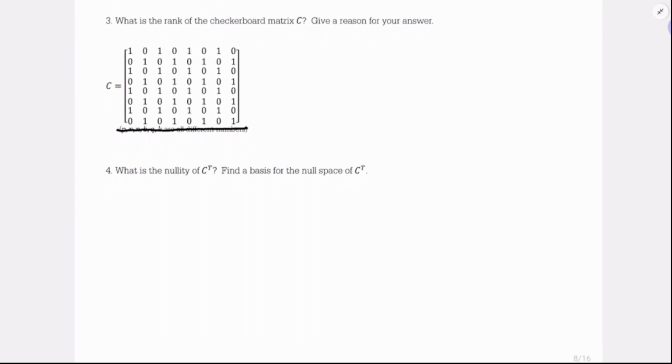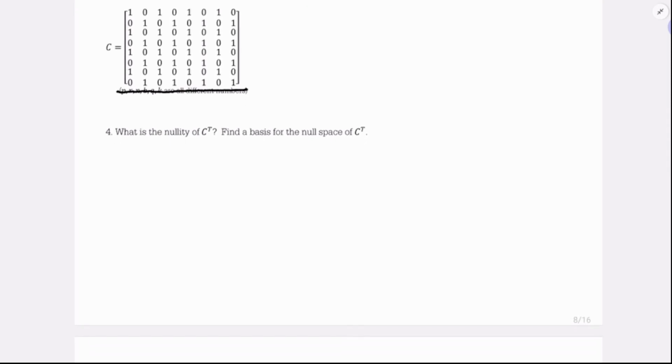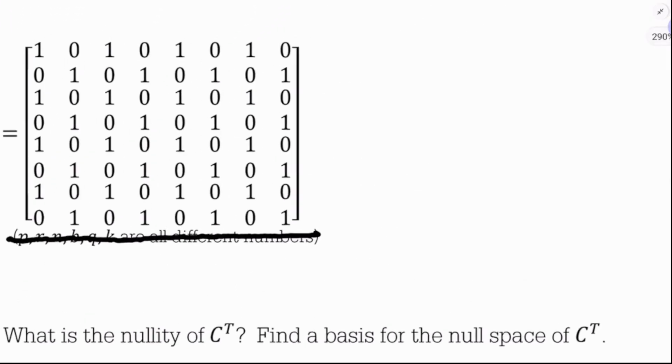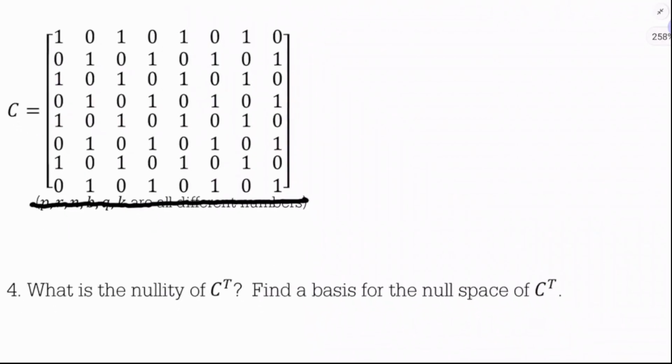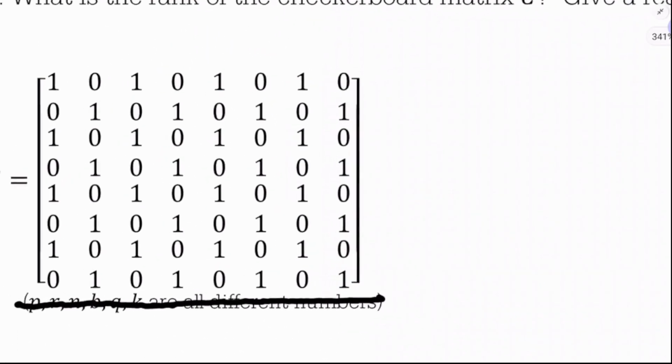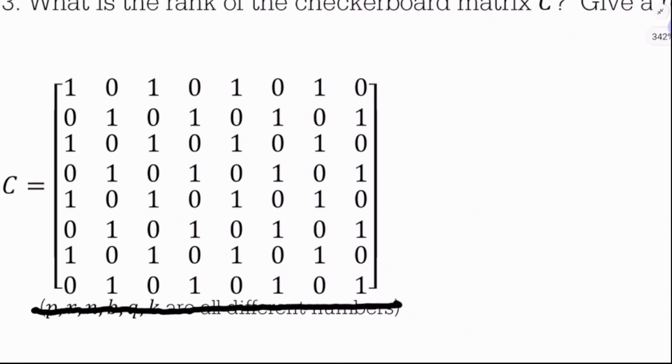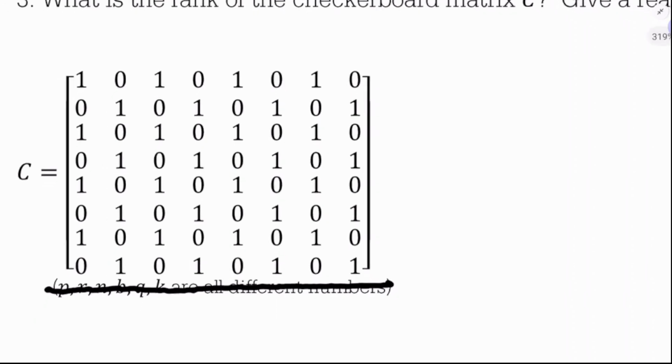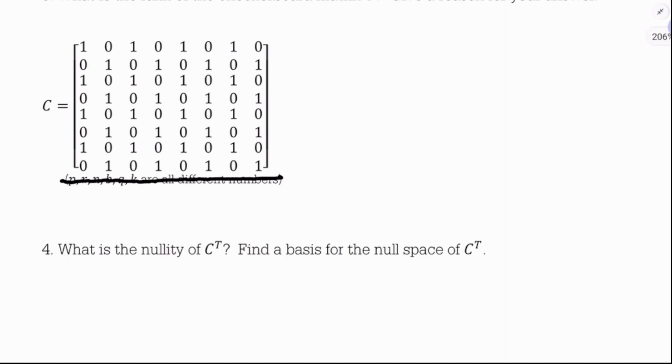Nullity of C transpose. Oh, basis for the null space of C transpose. Okay, let's do a basis for the left null space of C. So we would need all of the different ways that we could combine the rows of C to get a 0 row. So notice that there's kind of just 2 different types of row.